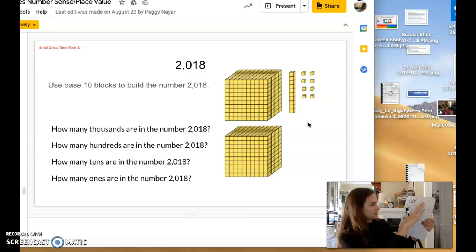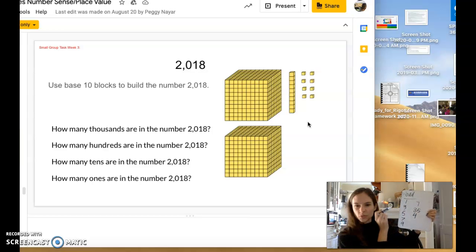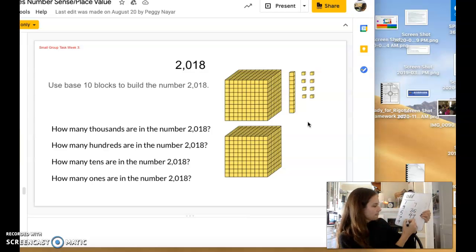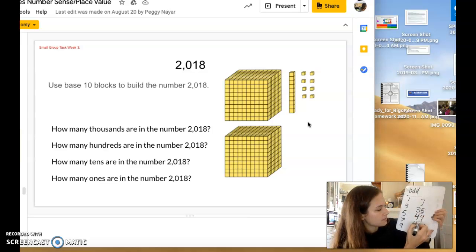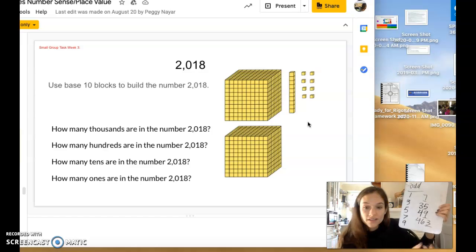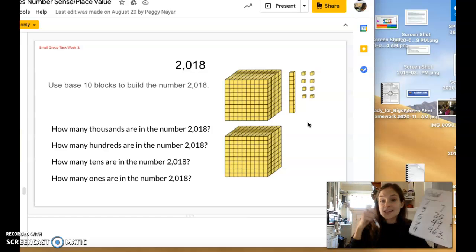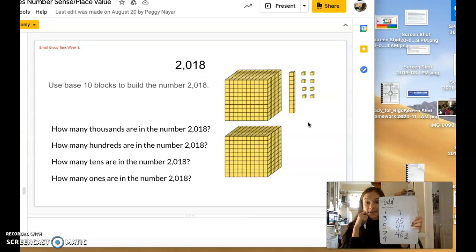Oops, that looks like a T. The number 7, the number 35, the number 40, I don't know, which one should I do? 49, the number 463, okay? The number in the ones place, the number in that place furthest to the right tells you if it's even or if it's odd.